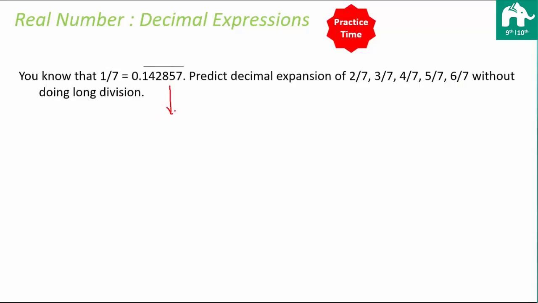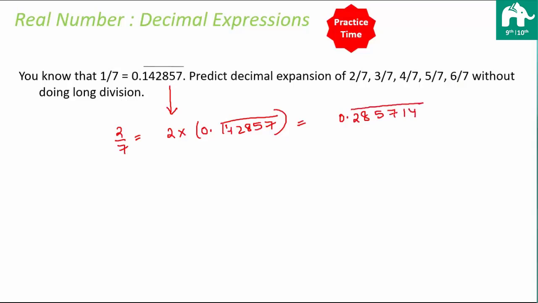So in a similar way, we will simply multiply the decimal expression by 2. So 2 by 7 will be equal to 2 multiplied by 0.142857 bar. So this becomes equal to 0.285714 bar. So in a similar way, you can find out 3 by 7, 4 by 7 and so on.